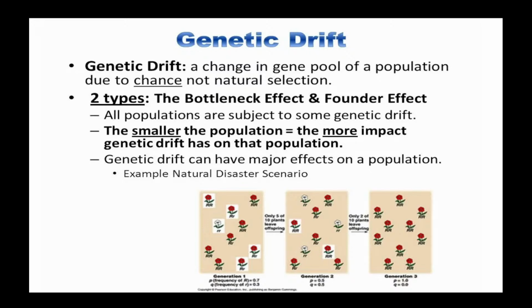Genetic drift is changes in the genetic pool of a population due to chance, not natural selection. There are two forms of genetic drift. This is the bottleneck effect and the founder effect.